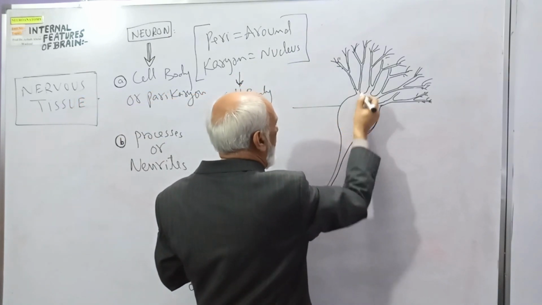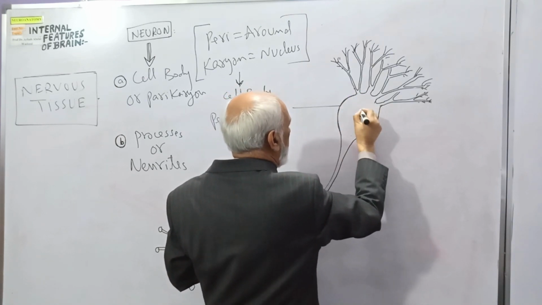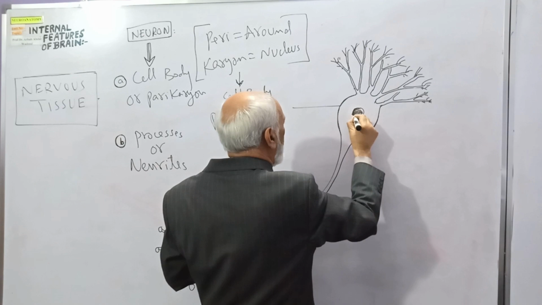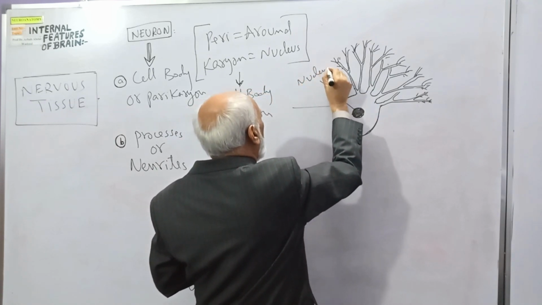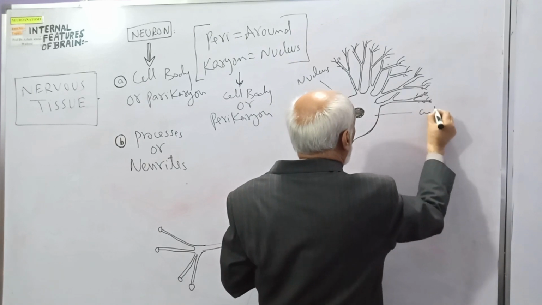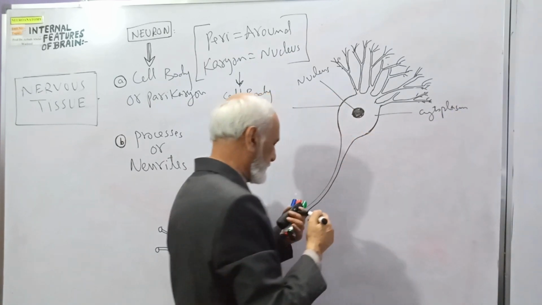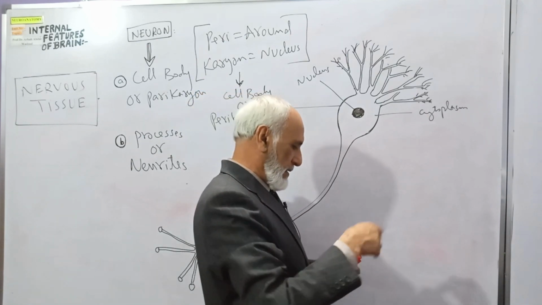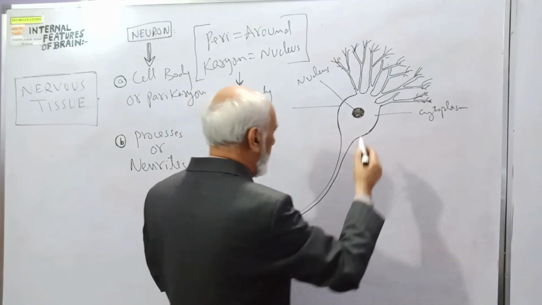This is cell body, outside is the cell membrane, then embedded in the cytoplasm is nucleus. Here is cytoplasm. There are cell organoids as usual in other cells, but there are special cell organoids in the cell body of the neuron.